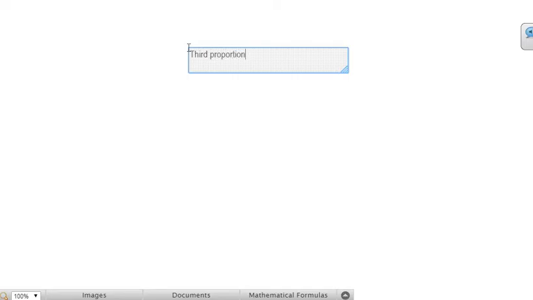Let's take 2 and 7. You put 2 is to 7, such that 7 is to x.